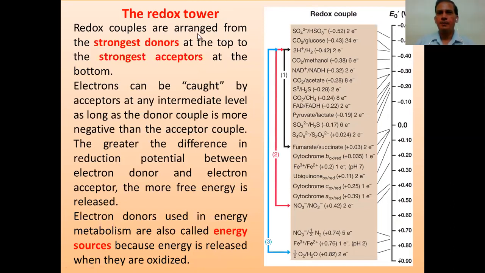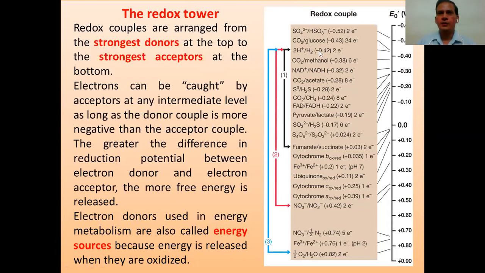So now, depending on the capability of the molecules, or you can say depending upon the reduction potential, we can construct a tower kind of structure. If you look from top to bottom, the value of the reduction potential is reducing, from highly negative going to positive.